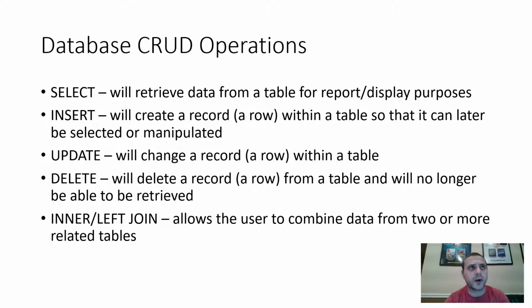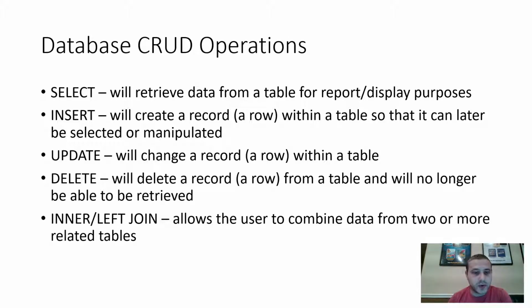This can be for an address as well. Let's say a user changes addresses and wants to update the address that's in your database. They will go into their profile page, update their address, and it will make that change in your database.